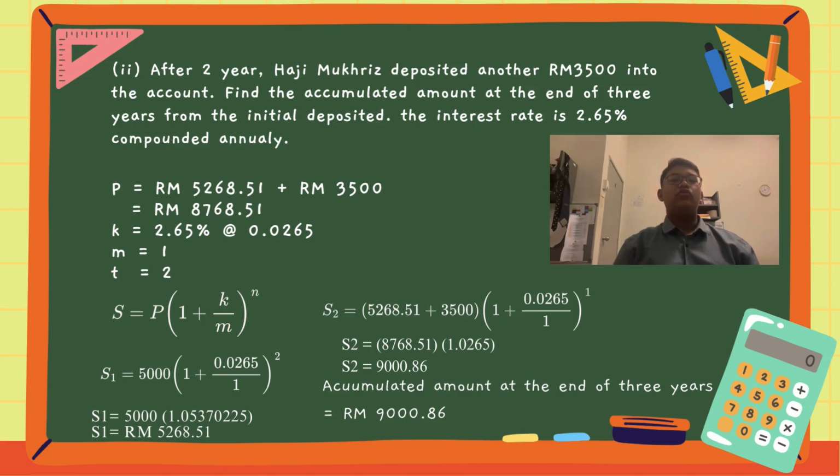And we get S2 bracket 8,768 ringgit 51 cent times 1.0265, and the answer for S2 is 9,000 ringgit 86 cent. So the answer for the second question, accumulated amount at the end of 3 years, is 9,000 ringgit 86 cent.